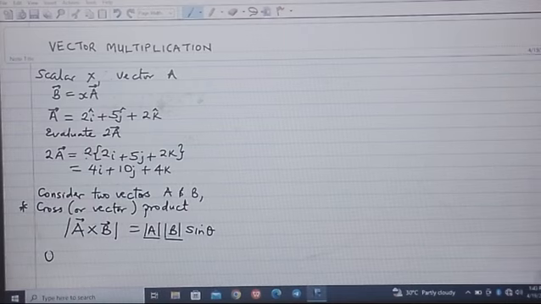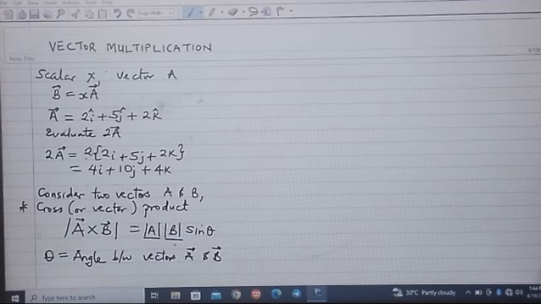Theta in this equation is the angle between both vectors. However, it is imperative to state that the angle used in this case has to be the smaller angle between both vectors.